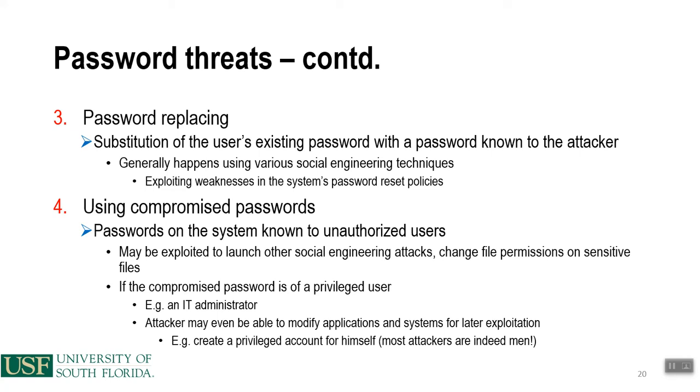The system will send an email to the email account saying you can reset your password this way, and then the password will just be replaced. This can also happen after a password has already been breached. The attacker knows the password, gets into the system, and then changes the password so that the person can't get into the system that they need access to.